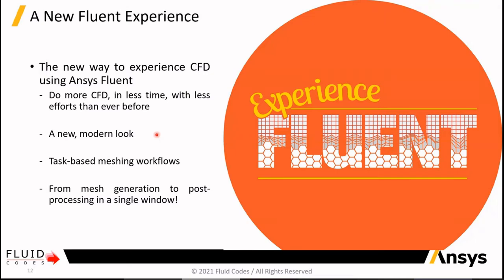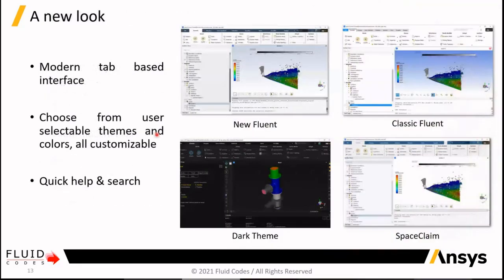So if we are going to focus on this, I want to show you something. The new look, when we are talking about new look, is the new interface, basically. So we have a new interface with tabs at the top. Again, this is something common now in all the Ansys tools available in the portfolio.